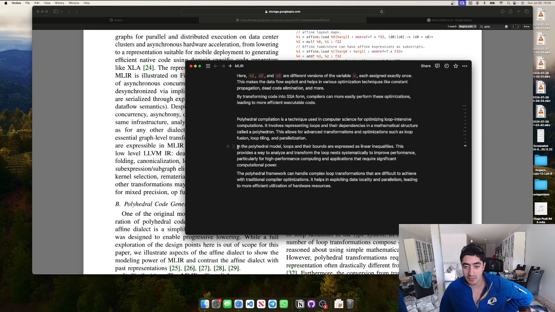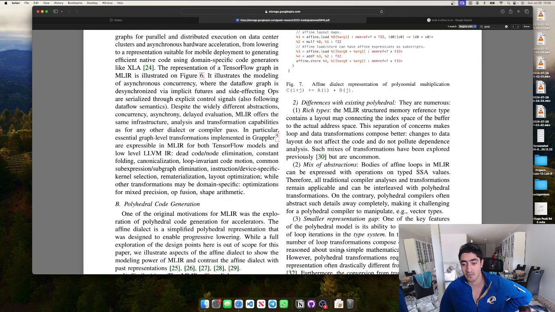So let's read this one more time. In the polyhedral model, loops and their bounds are expressed as linear inequalities. This provides a way to analyze and transform the loops systematically to improve performance, particularly for high-performance computing and applications that require significant computational power.